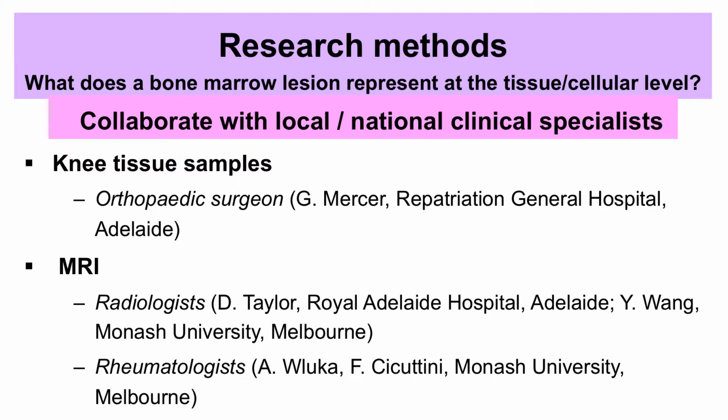We had to collaborate with MRI specialists, so the radiologists that allow us to perform the MRI at the Royal Adelaide Hospital, as well as rheumatologists, and these are individuals from Monash University in Melbourne who actually have conducted a lot of human studies looking at MRI in early OA populations and looking at how people develop osteoarthritis with time. And we're also collaborating with a clinical pathologist at SA Pathology to assess the changes in the bone marrow.